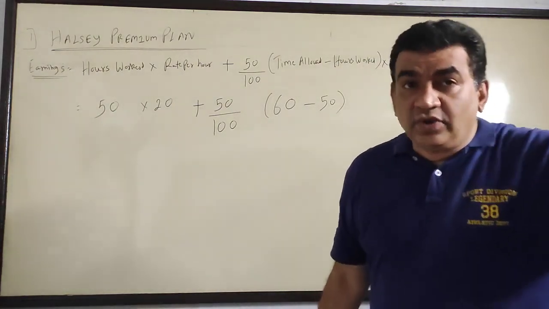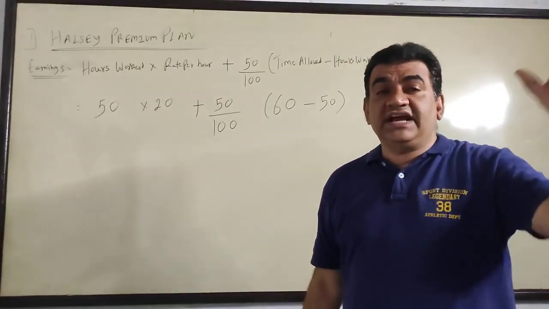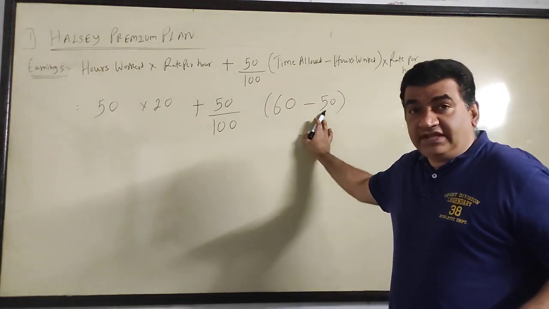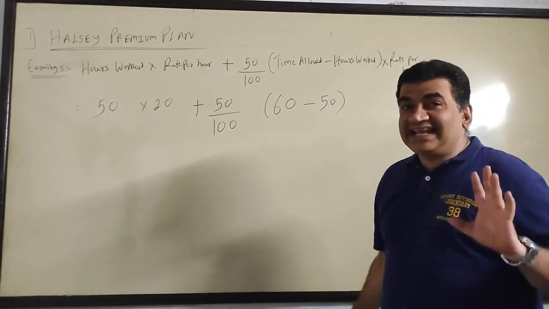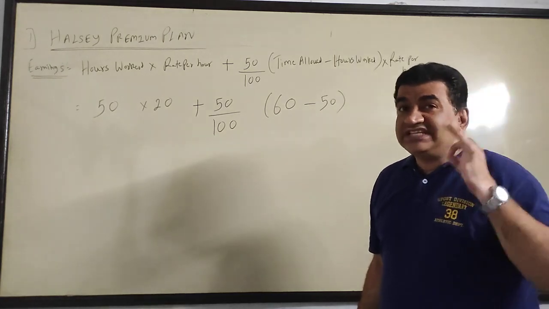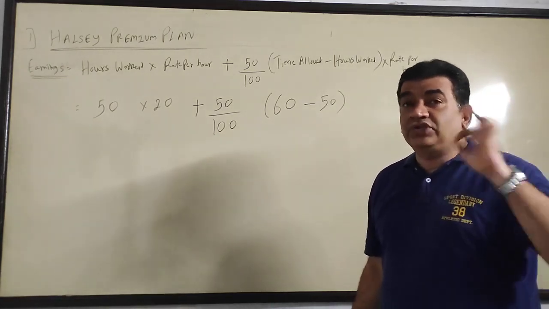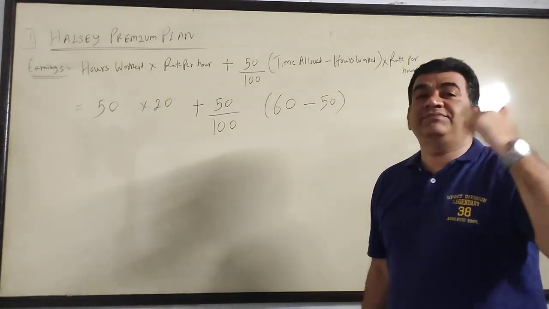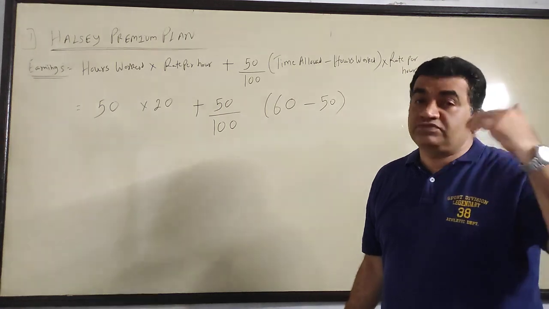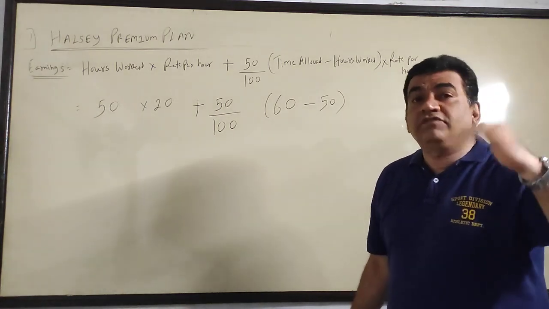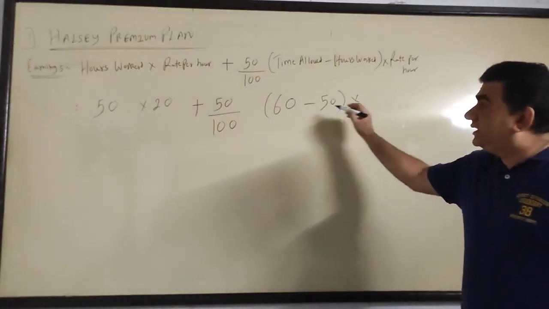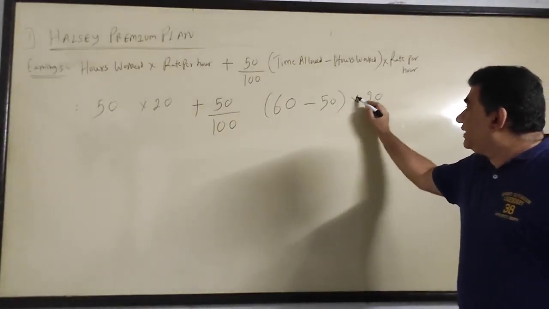So in short, you're getting it. 60 hours were allocated to the worker. You are told 60 hours in which you have to do this work. He completed in 50 hours. That means, can I say he saved time? He saved 10 hours. Because he saved 10 hours as compared to the normal time, you are giving him the bonus. This is the objective, or you can say the motto, of giving incentive or bonus. Multiply by the rate per hour, that is 20.